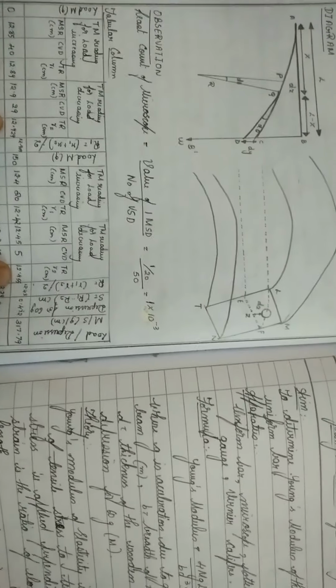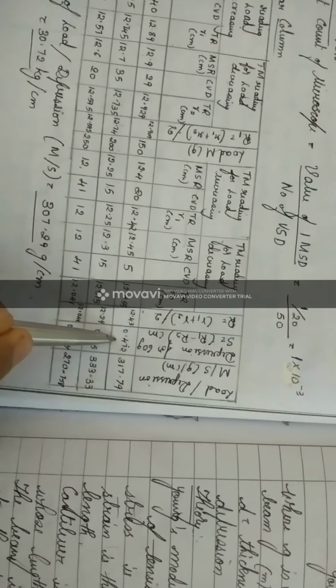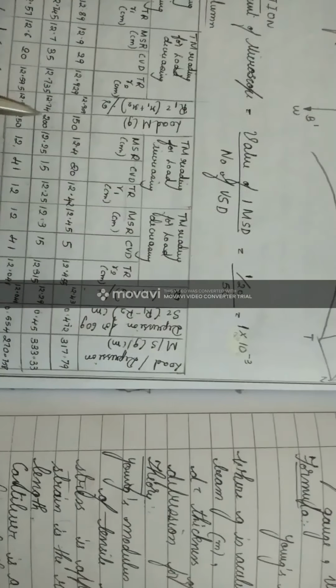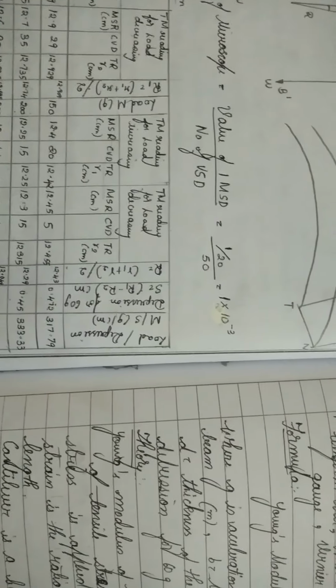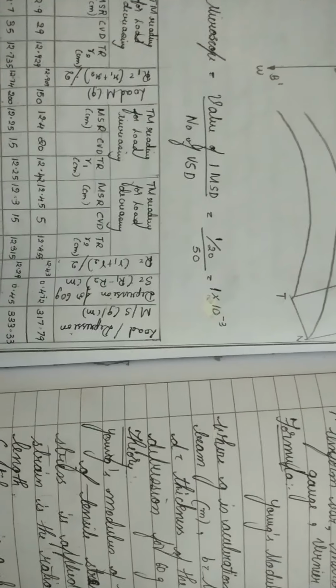Therefore the difference is, for 0 and 150, this R1 and R2. This difference you are supposed to write here. Similarly for 50 grams and 200 grams, the R1 and R2 difference value should be written here. Similarly 100 and 250, and the total reading, you can see here R1 and R2. The difference you have to take.